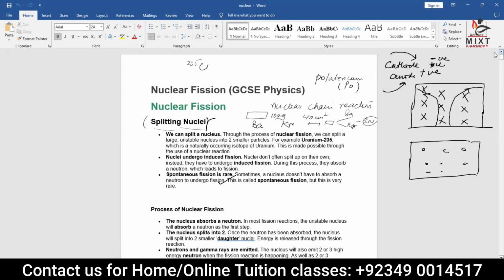What exactly it is, we will discuss in the next class. Write everything that is in front of you, along with the process of nuclear fission as well. This is the next small topic related to this chapter.